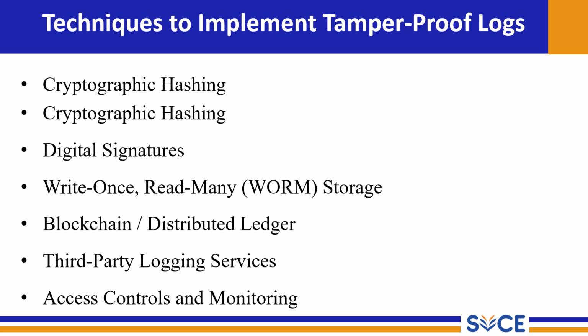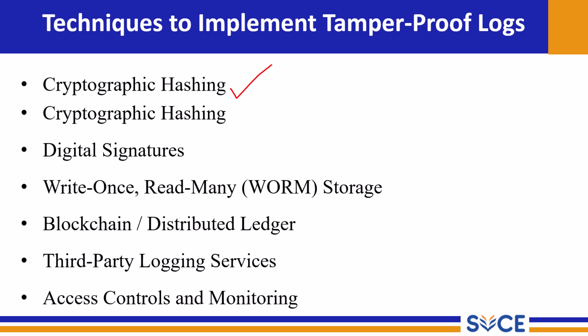Okay, now let us discuss the topic: techniques to implement tamper-proof logs. The first one is cryptographic hashing. So what is cryptographic hashing? Each log entry is hashed. A chain of hashes is used like a blockchain, like h of entry n plus h of entry n minus 1.